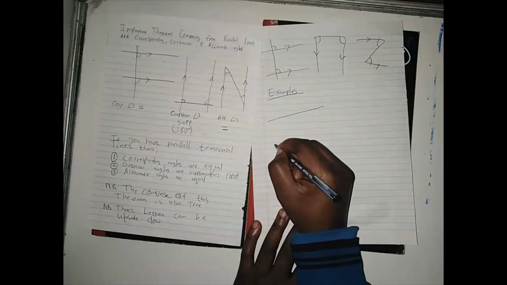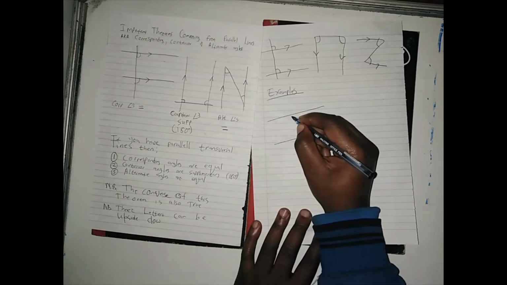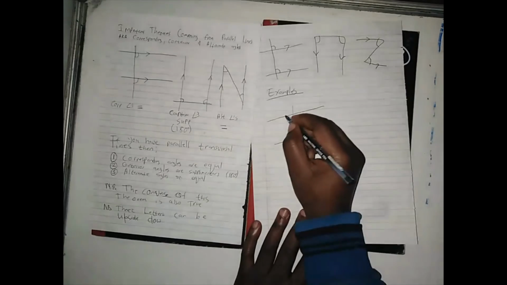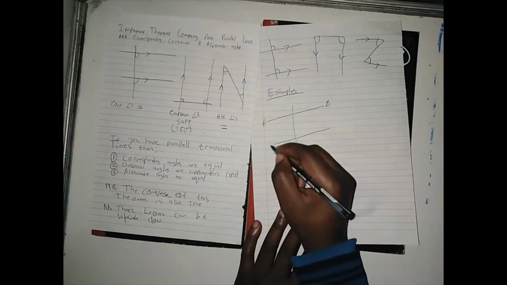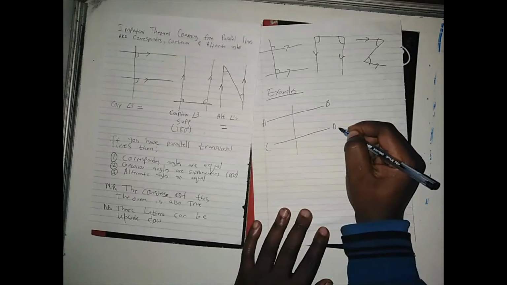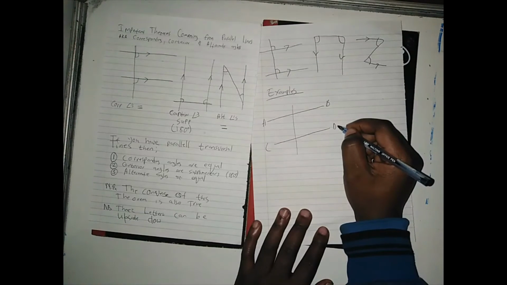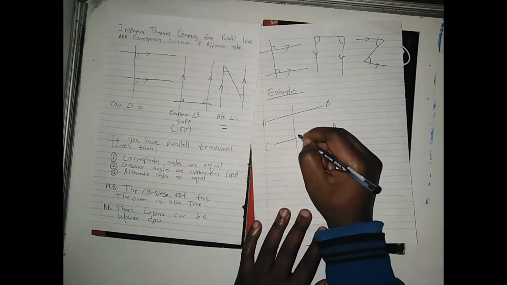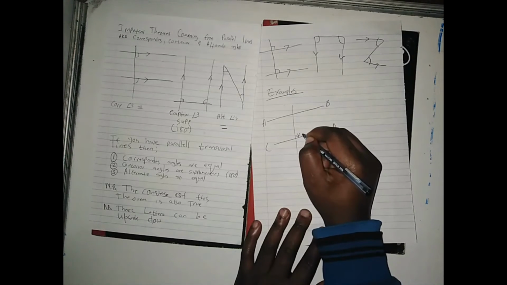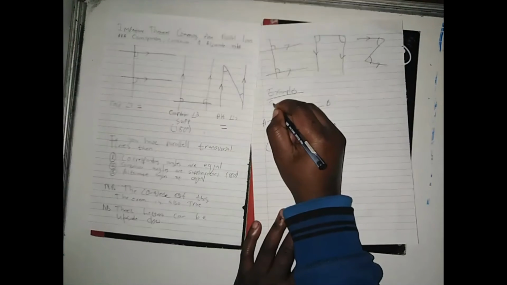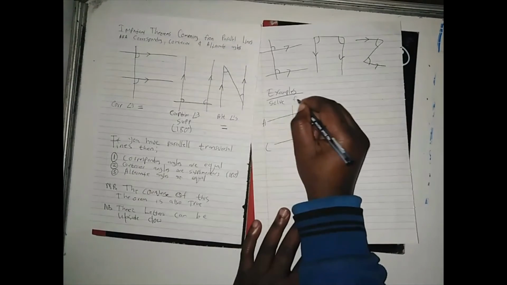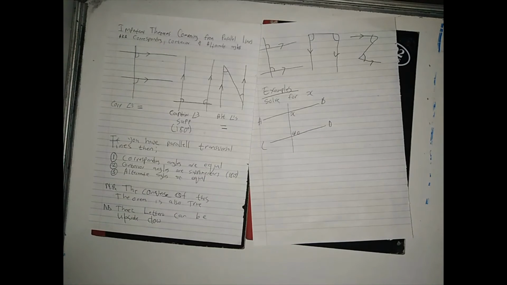We've got this line, and then this line, and then this line, and then they say this is A, B, C, D, and then they say this is 40 degrees, and then they say this is X, and then they say solve for X. So how do you do it? And then they say this line is parallel to this line.